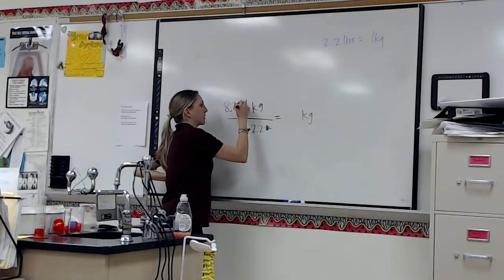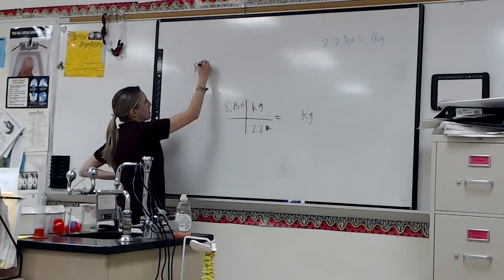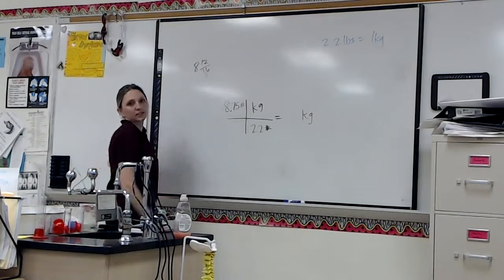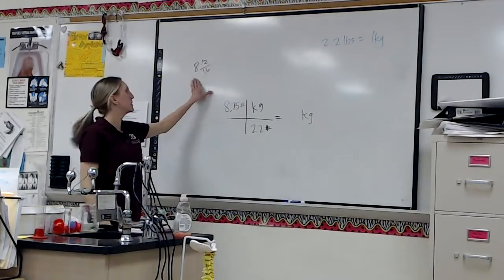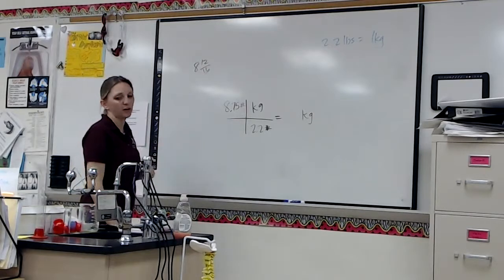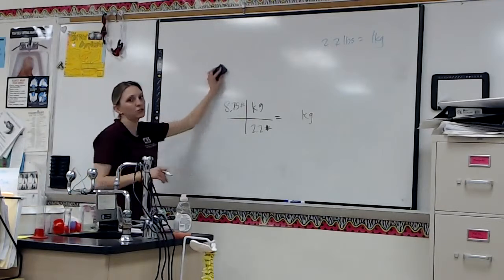Which is 8.75. So if you've got 8 pounds, 12 ounces, it'd be 8 and 12/16 to figure out that decimal. 12/16 is 0.75, so we know 8.75 pounds. Make sure you keep that in mind. Ounces, you can't just make it into a decimal.